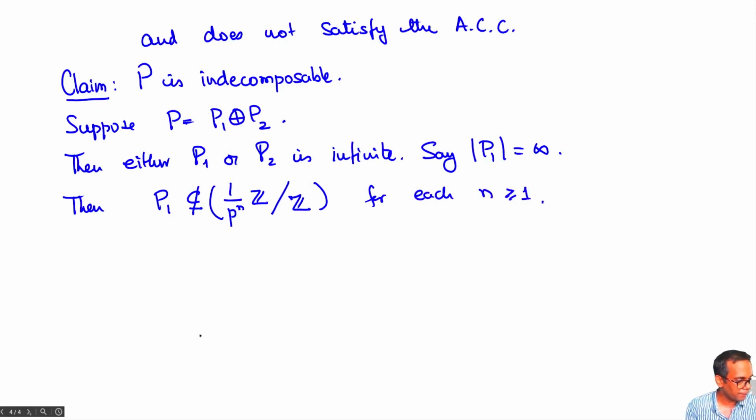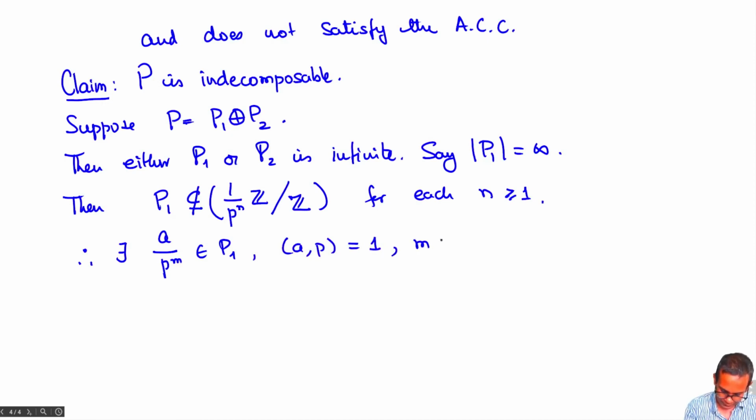So that means that there exists an element A mod P to the m in P1, where the GCD of A and P is 1, meaning A is not divisible by P, and m is greater than n. Any element which is not of this form could be further reduced to the form where the GCD of A and P is 1, and then if m is less than or equal to n, we would have it inside this subgroup 1 over P to the n Z mod Z. So there exists an element of this form.